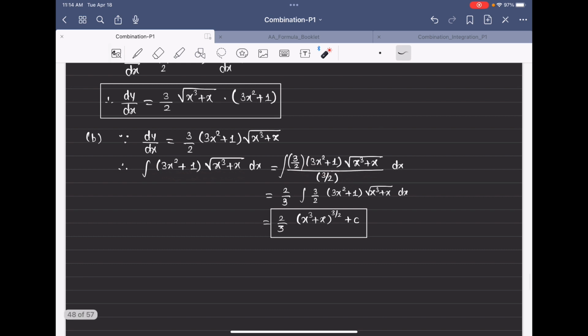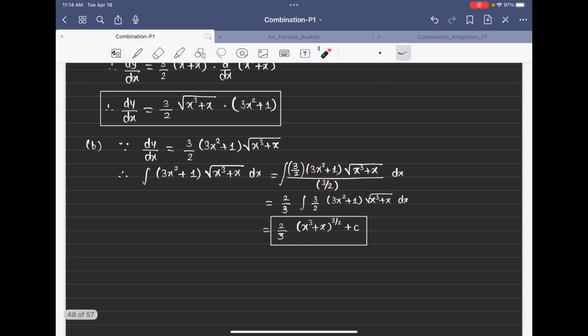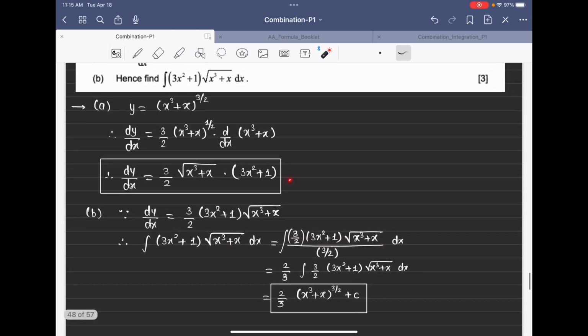Basically I'm adjusting the derivative here. So I get 2 by 3 into 3 by 2 times (3x square plus 1) root of x cube plus x, which is basically the derivative of (x cube plus x) raised to 3 by 2. But 3 by 2 is extra, so dividing by 3 by 2 is basically multiplying by 2 by 3.